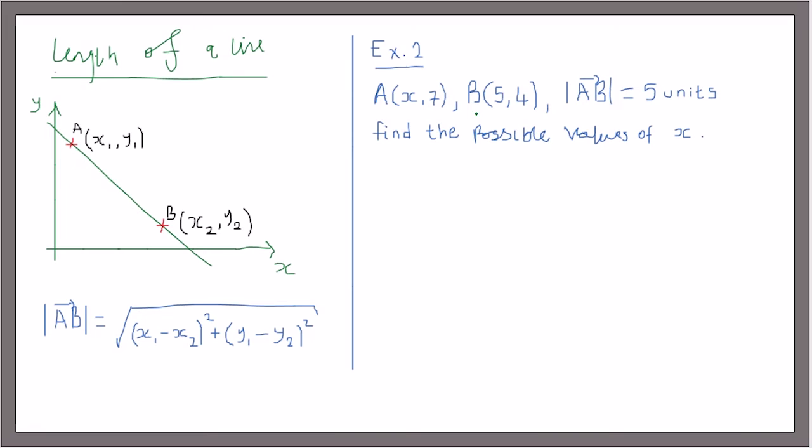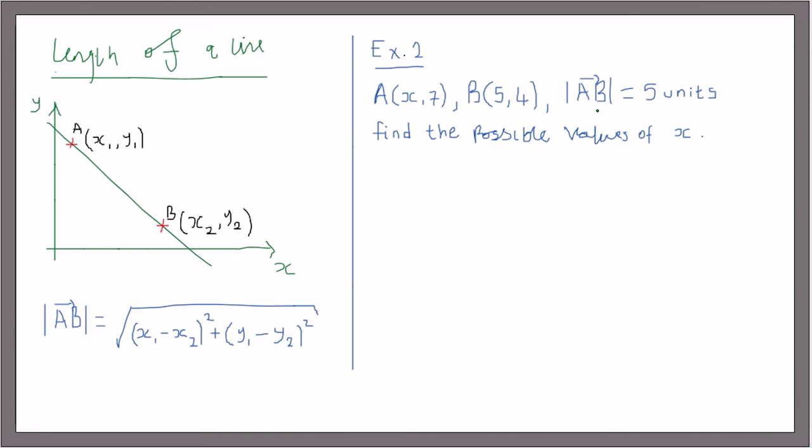Then we have point B as 5, 4. You are also given the length, or the magnitude, of the line between point A and point B as 5 units.